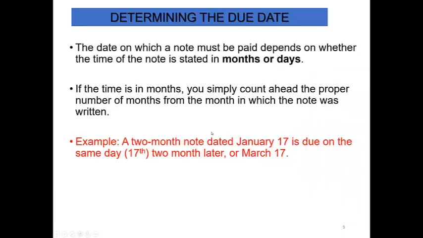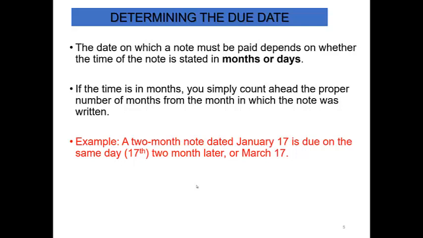Now, one of the things that you'll be asked to do on your quizzes, homework, and exams is to determine the due date. So, of course, the due date is the date on which the note must be paid. The term can be in months, or the term can be in days, and it does make a difference.